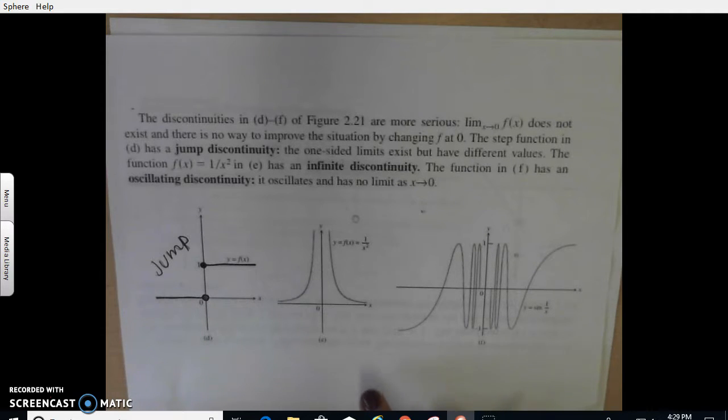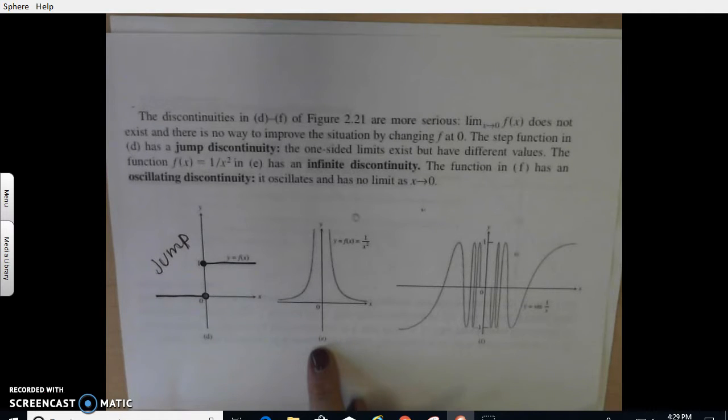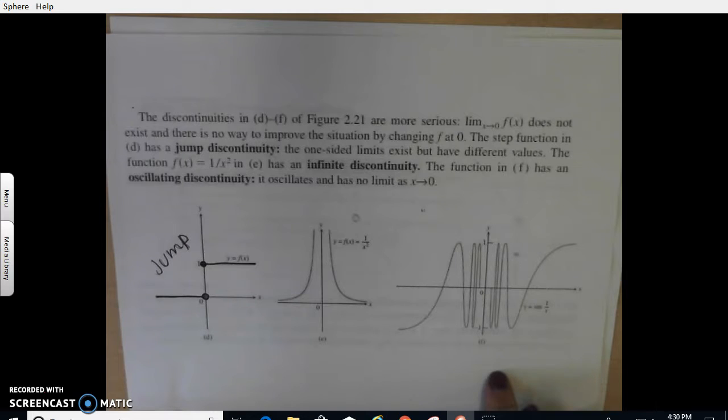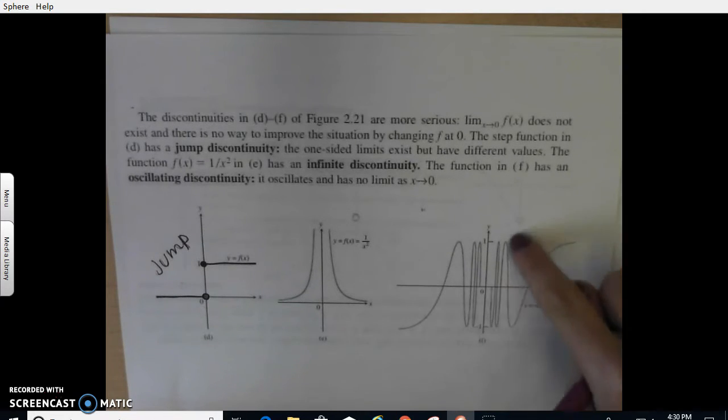The function f of x is equal to 1 over x squared here has infinite discontinuity. And in our last function, in graph f, we have oscillating discontinuity because we are going back and forth and has no limit as x approaches 0. So it's oscillating as x approaches 0.